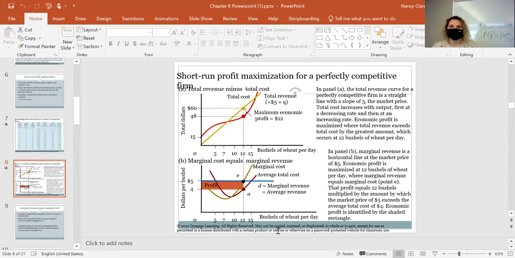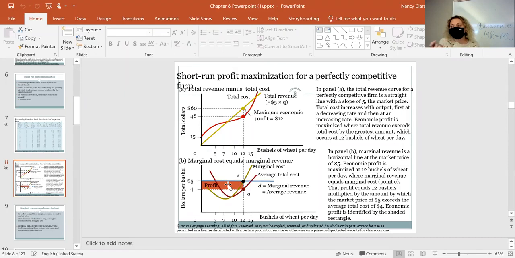That all looks good, right? This rectangle right here, you will see in your homework. So if you get confused about how to place this rectangle in your homework, come back to the slide. It's going to help you out. It helps create a profit area that you can put your cursor in and actually see the calculation for the area.